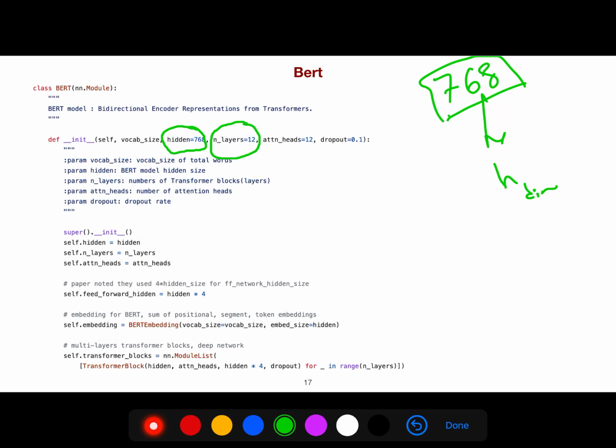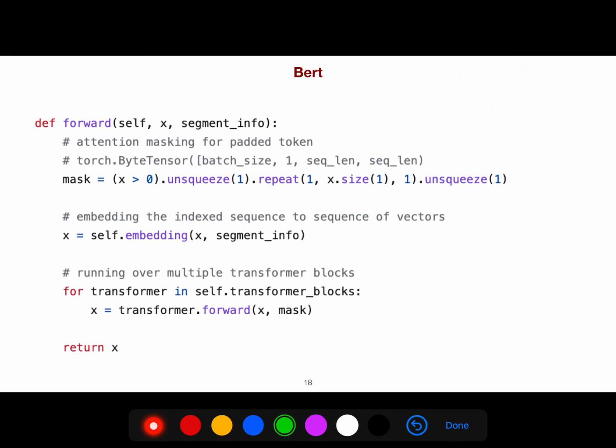So here in BERT, at initialization, we say what the BERT embedding is, and we initialize all of these things with the vocabulary size and embedding size. The embedding, as I said, is the sum of position, segment and token embedding, which we have implemented before.